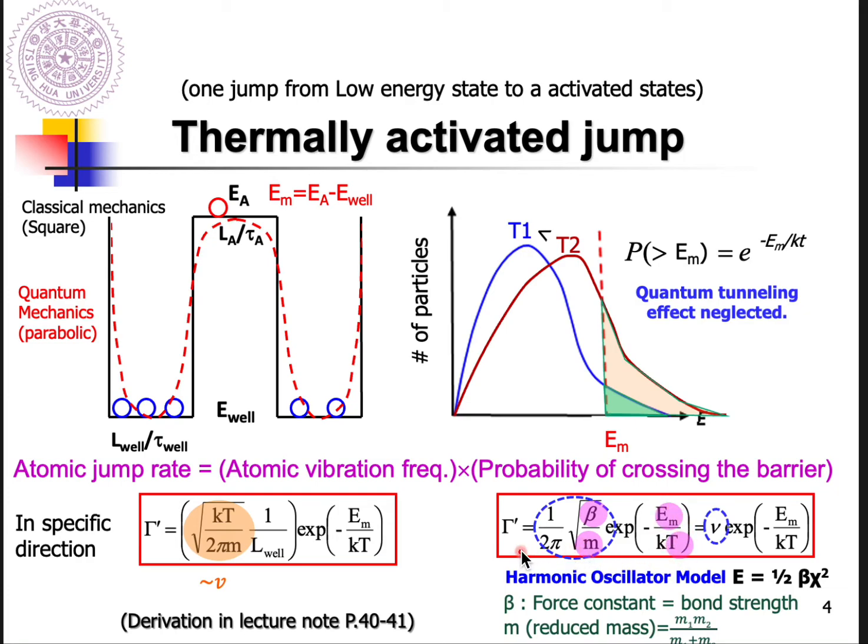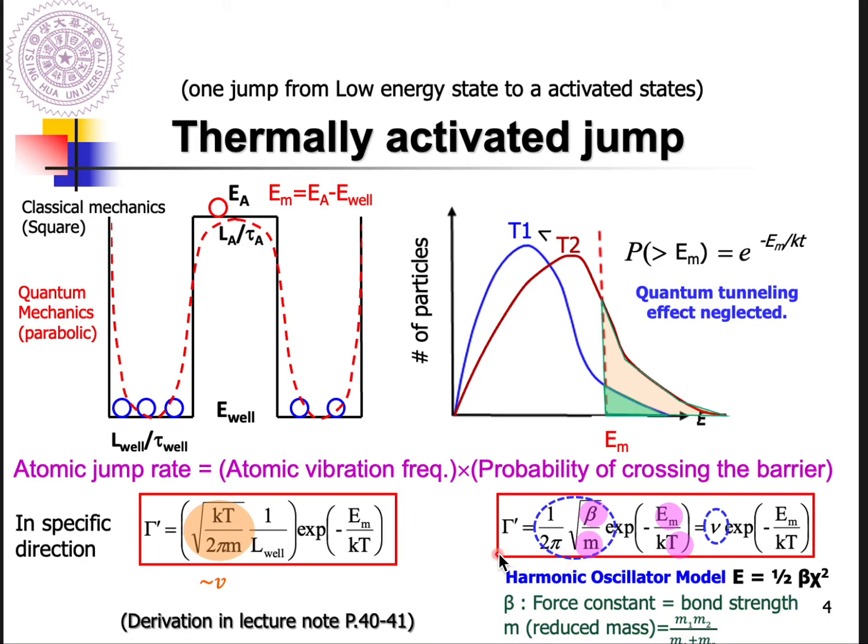You can have some idea that the atomic jump rate is highly correlated with crystal structures, the kinds of atoms, and the working temperature. And this energy barrier usually is associated with the crystal structure, right?